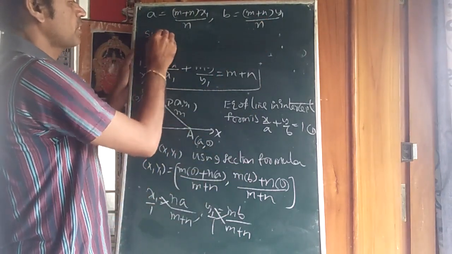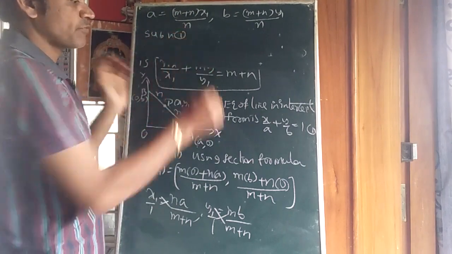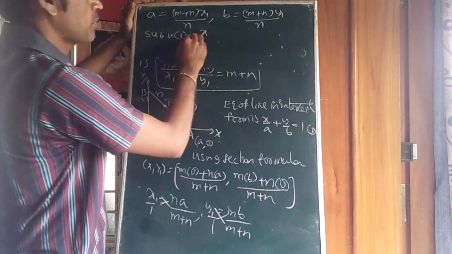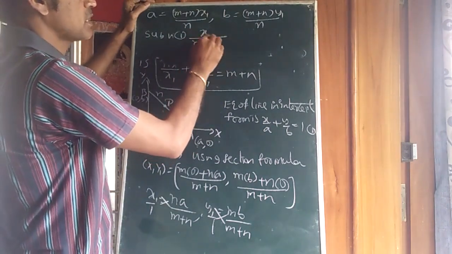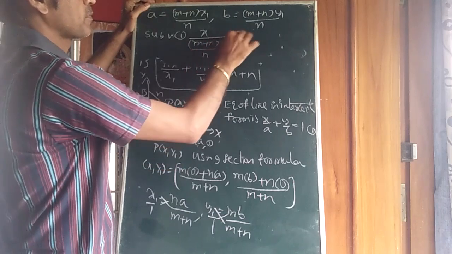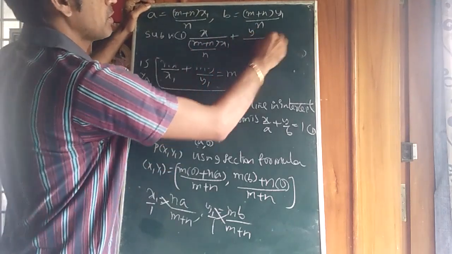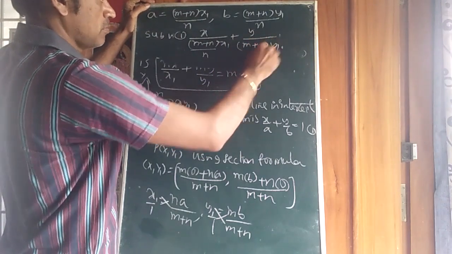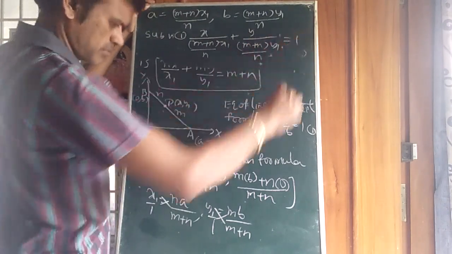Now substitute in 1. So instead of a you write this one, instead of b you write this one: x by (m plus n) into x1 by n plus y by (m plus n) into y1 by n equal to 1.